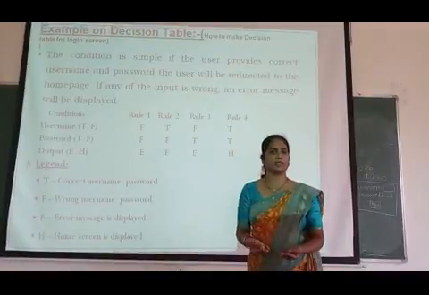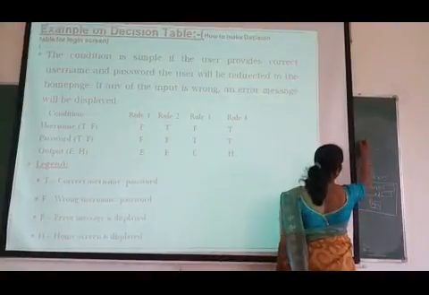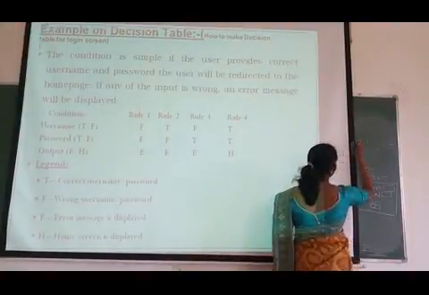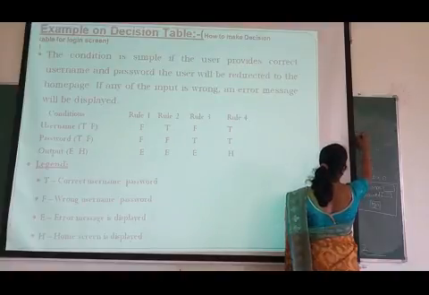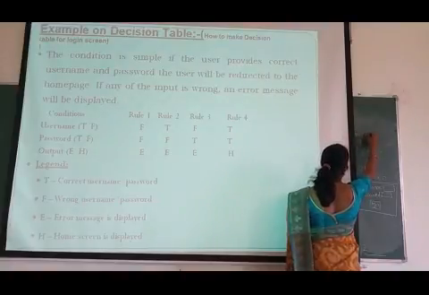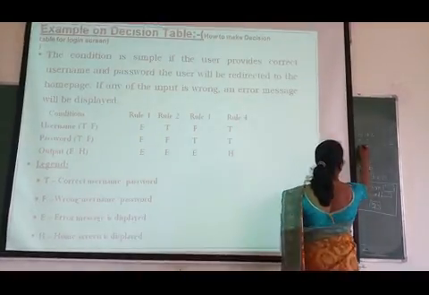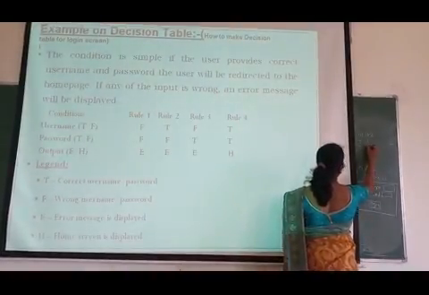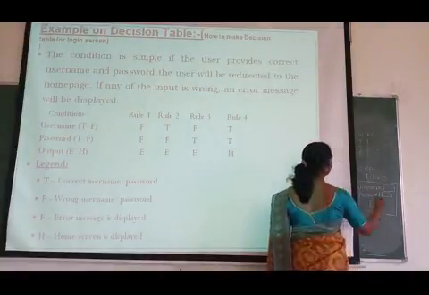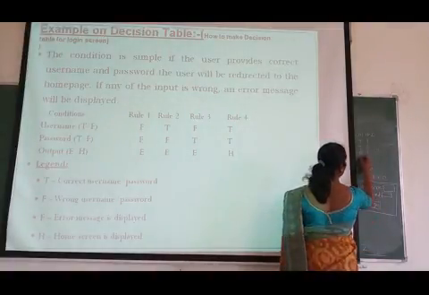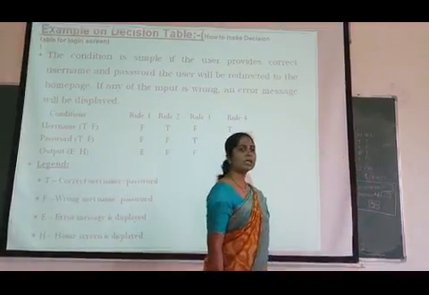Now for the 2 inputs: if both inputs are true, what will happen? If the first input is true and the second is false, if the first is false and the second is true, and if both inputs are false, what will happen? We need to consider all of these.